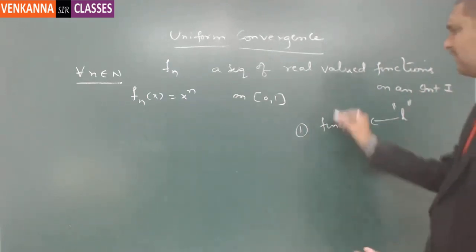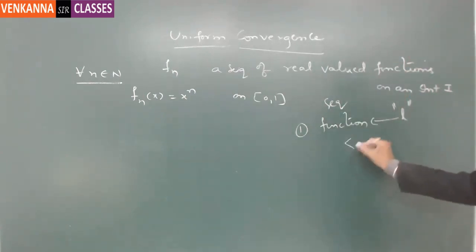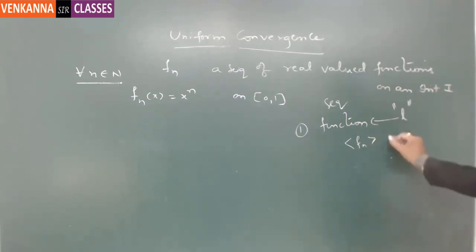A sequence is nothing but a function. So if Fn is a sequence, we say that mod Fn minus L is less than epsilon for all n greater than or equal to m.